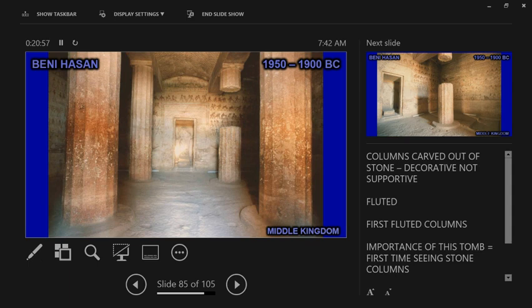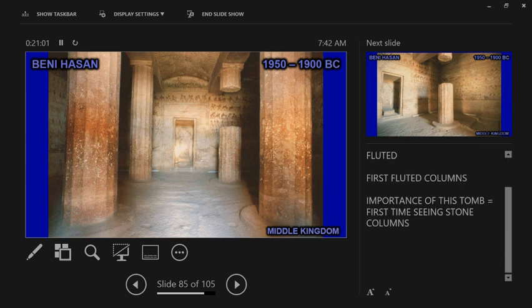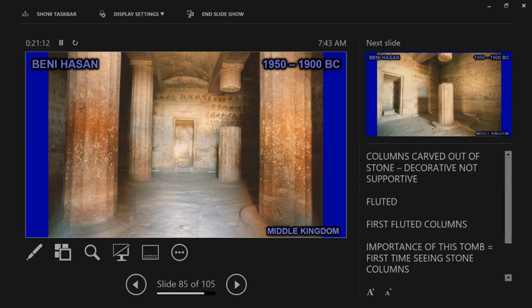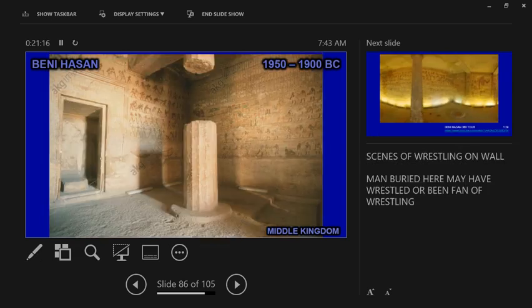The columns are purely decorative. And the importance of this tomb right here is the first time we are seeing stone columns. And there's scenes of wrestling on the wall.